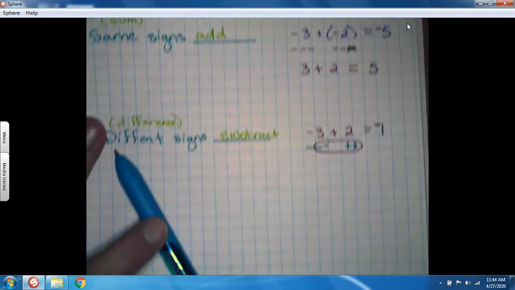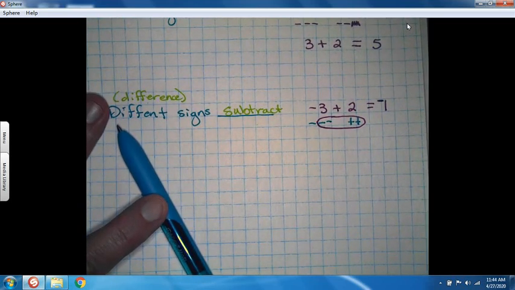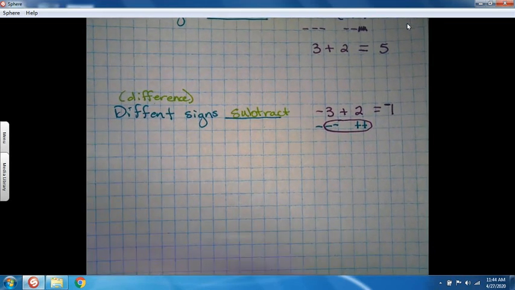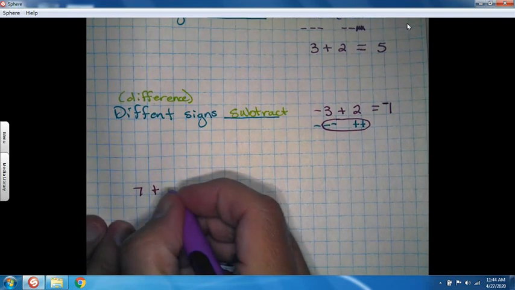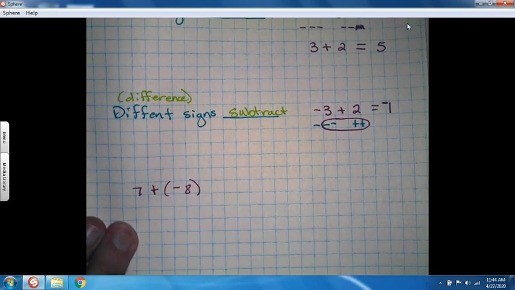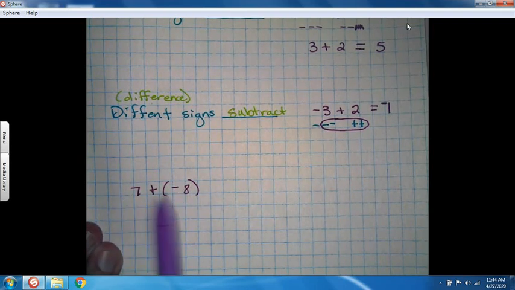Okay, a couple of quick problems from the worksheet just to practice. If I have 7 plus negative 8, are the signs the same or are they different?